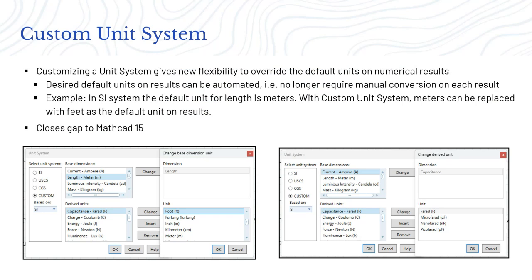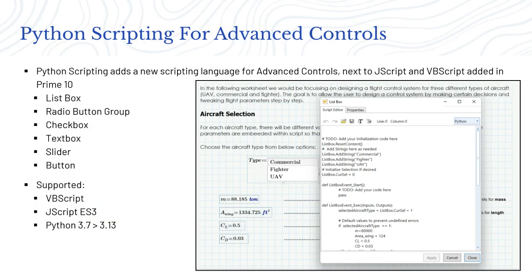So the custom unit system, it was quite high on the list of functionalities for 11. A third innovation when we are talking about application updates is the introduction of the Python scripting language for the advanced controls.